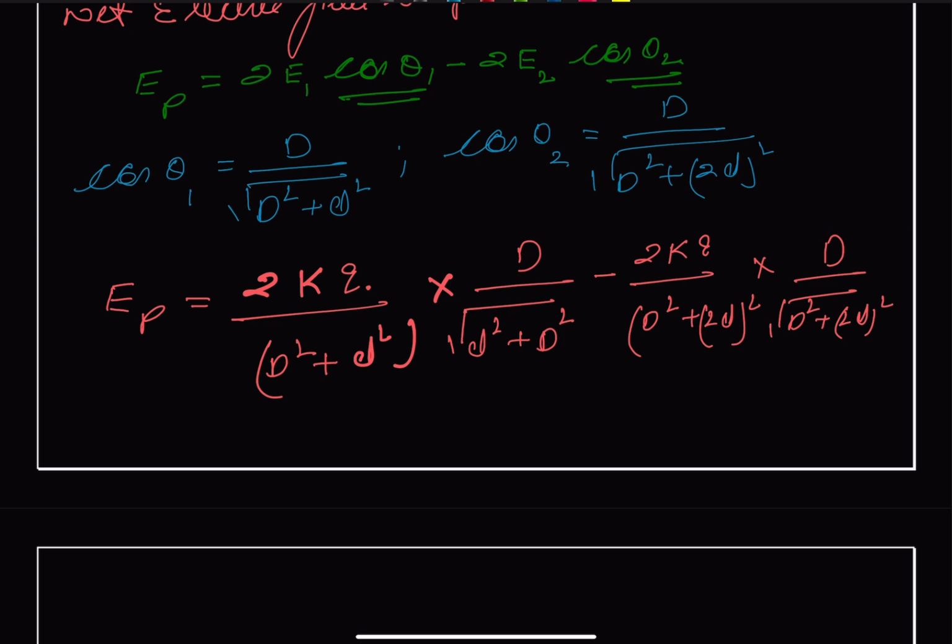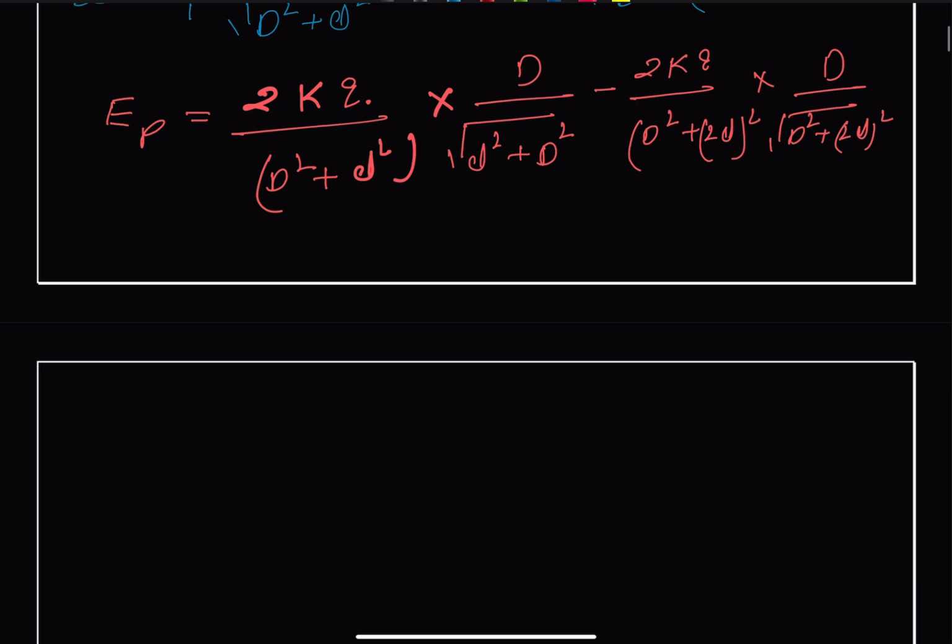We are only interested in the denominator, and the numerator we can take common, so we get 2kq capital D, and here you get 1 upon (d square plus capital D square) to the power 3 by 2 minus 1 upon (4d square plus capital D square) to the power 3 by 2.